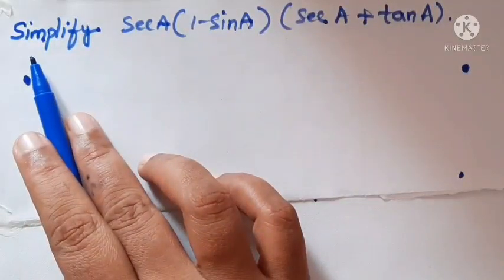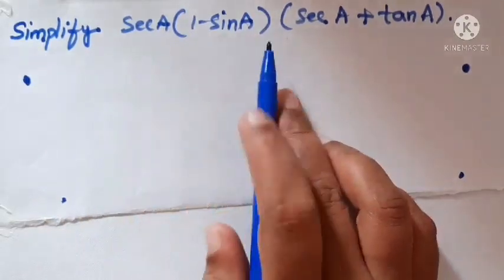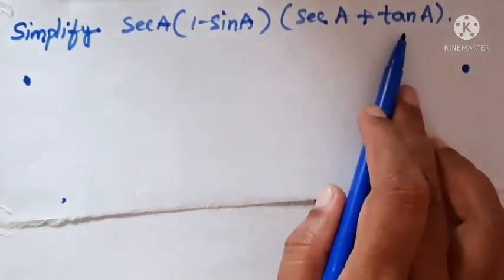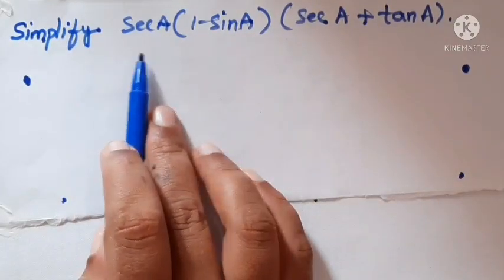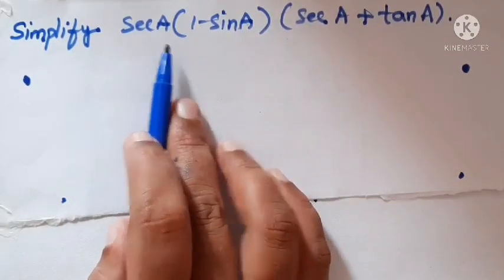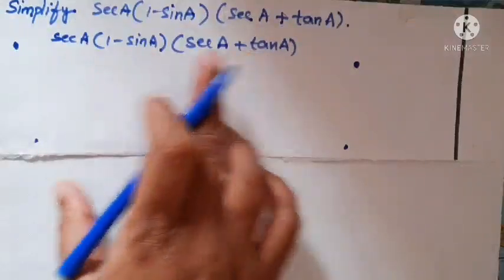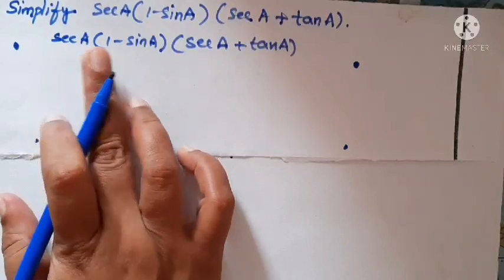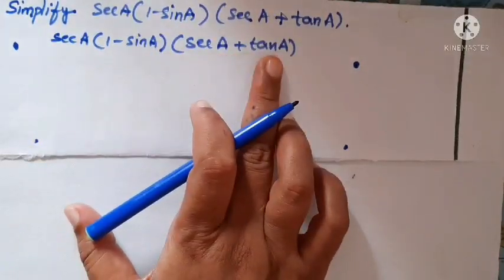See here the problem. Simplify secant a into 1 minus tan a into secant a plus tan a. This is asking for simplification. Okay, how can we simplify this problem? Let's see. First we take secant a into 1 minus tan a into secant a plus tan a.